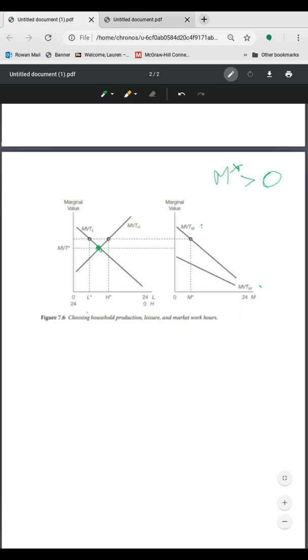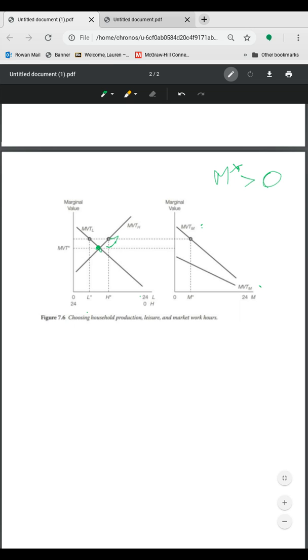Now, if we were to go right to the equilibrium in the left-hand graph, that's what we had up above, but the problem with that is, remember, we had L plus H equaled that 24 hours. Now we need to figure out how to give some time to the labor market. So again, because we want to add in more labor, we're going to lose some leisure hours, and we're also going to be losing some household time.